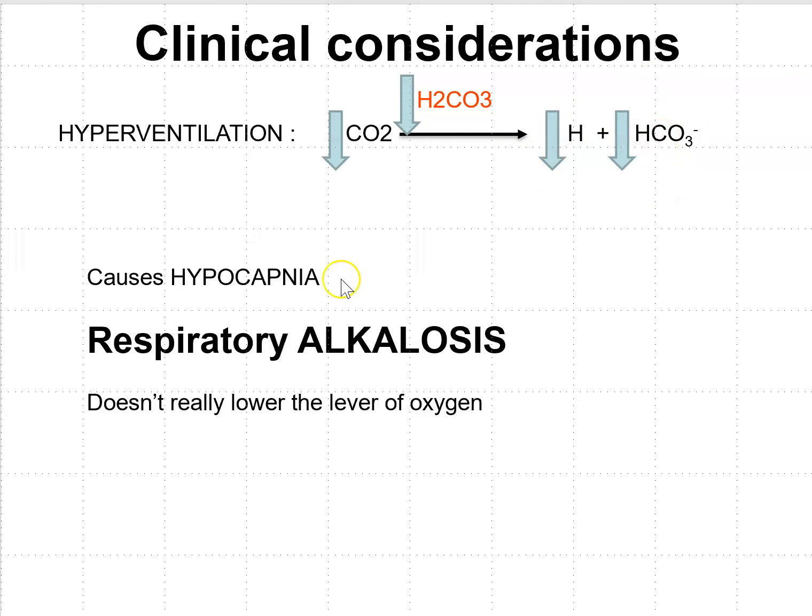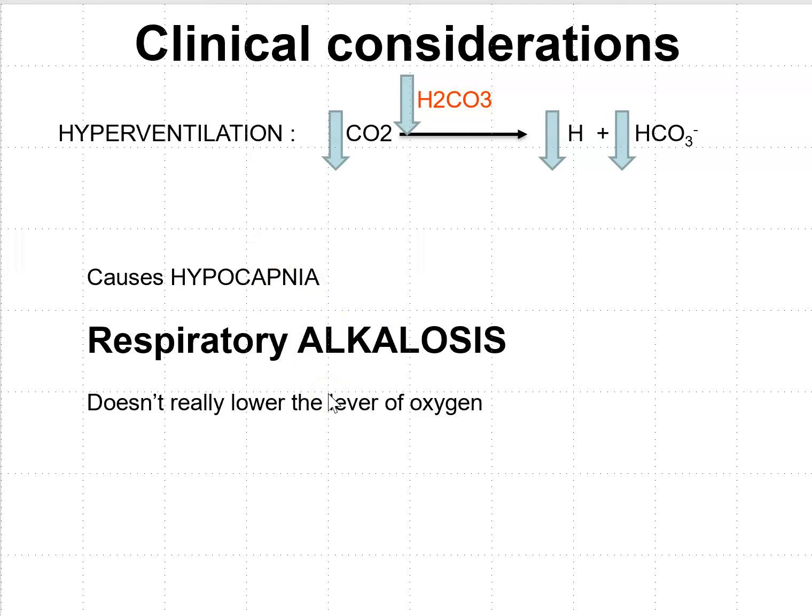So this condition will lead to hypocapnia, which is the lower amount of CO2 in blood. This can lead to respiratory alkalosis because we don't have enough CO2 in the body, which disrupts the buffer system in the body.